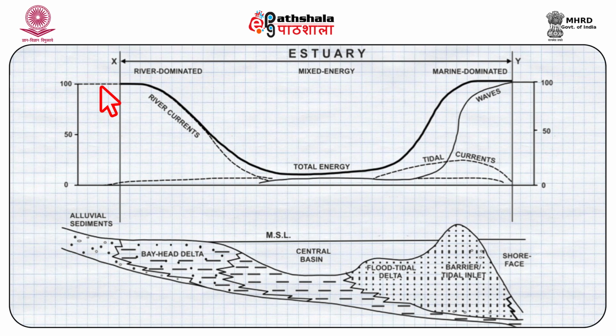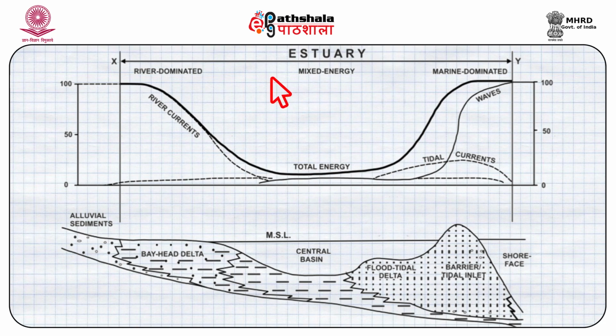So, what we see here is that this is the ocean side and this is the fluvial continental side. From here it is river dominated, and from here it is marine dominated. The middle portion is of very low energy. The river current will be decreasing from this side, and the marine energy of wave and tide will be high and then decreasing.